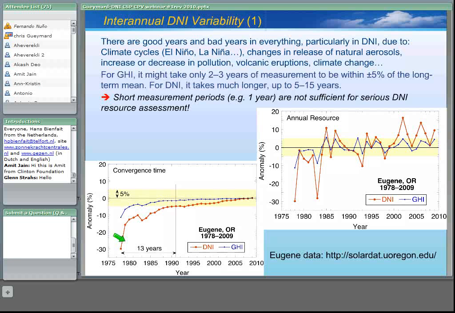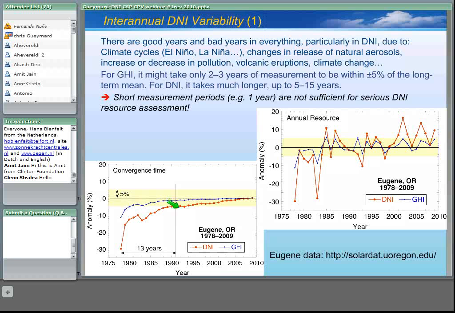And you see that if we accumulate the first year of measurement, we calculate the average on the second year and so forth, it takes about 13 years to reach plus or minus 5% of the long-term average DNI. It takes a lot less time for global irradiance, about 3 years.